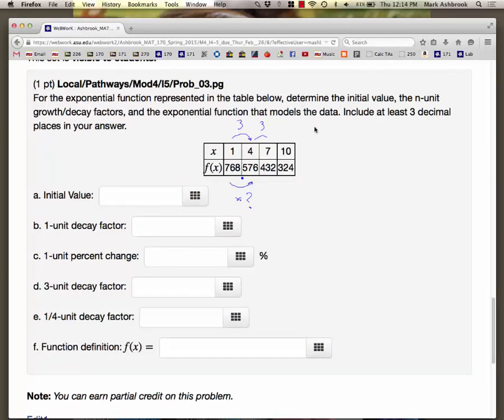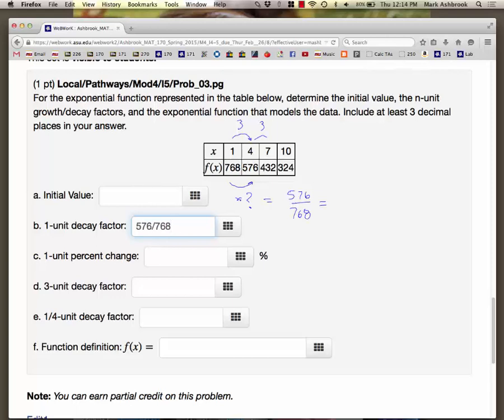So how do we find that multiplier? That multiplier would take us from 768 to 576, and hopefully by now we know that's 576 divided by 768. So 576 over 768 is going to be our 1 unit decay factor.